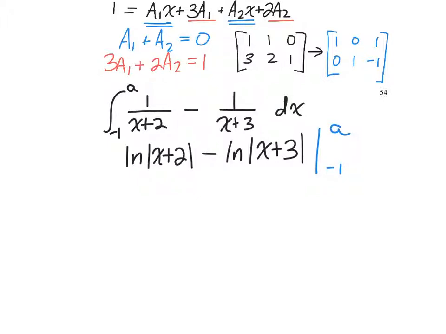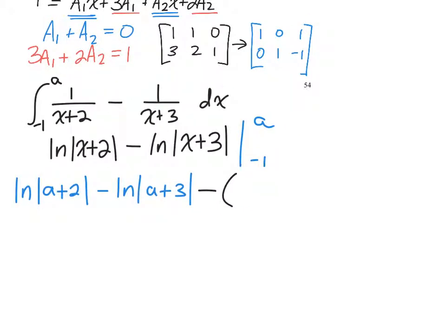So ln of a plus 2 minus natural log of a plus 3, minus, we're plugging the negative 1 in, so natural log of 1 minus natural log of 2.